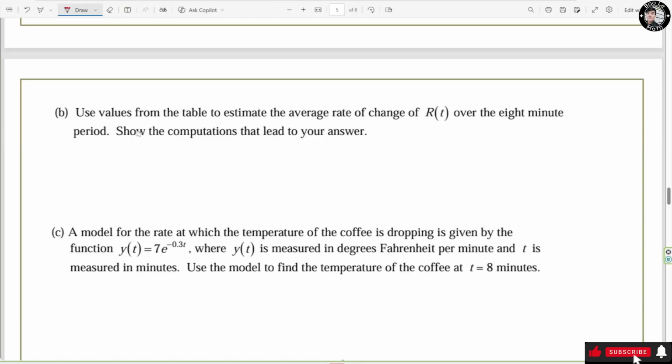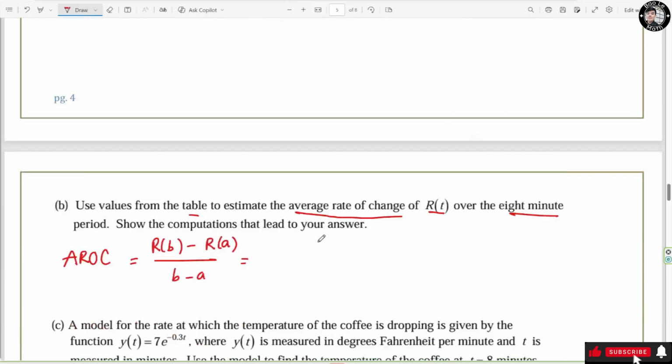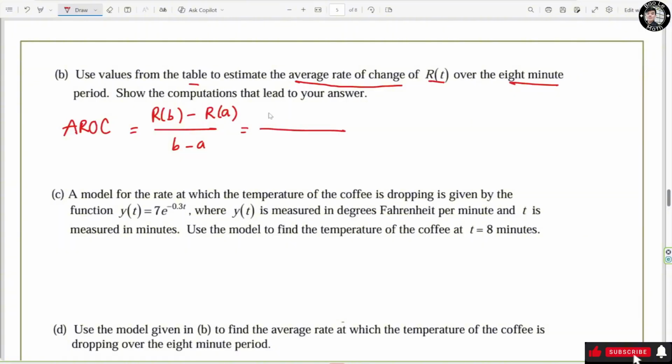Now question B. Use values from the table to estimate the average rate of change of R(t) over 8 minutes. So you have average rate of change. Remember, you need to know the difference between average rate of change and average value of the function. They are completely different. So it can be R(b) minus R(a) over b minus a. Now R(b) is going to be at 8 minutes, right here, 0.8 subtract 5.5, over 8 subtract 0.